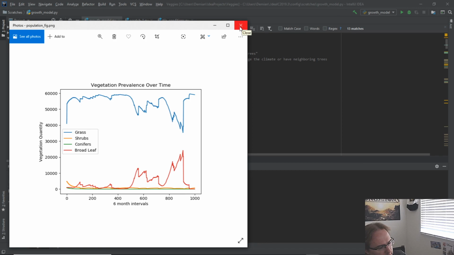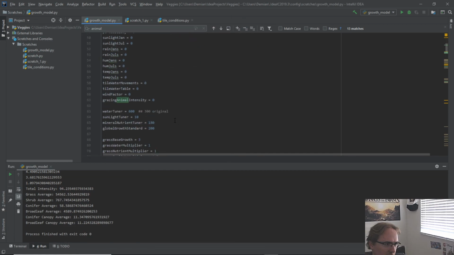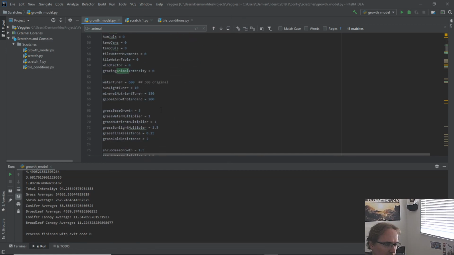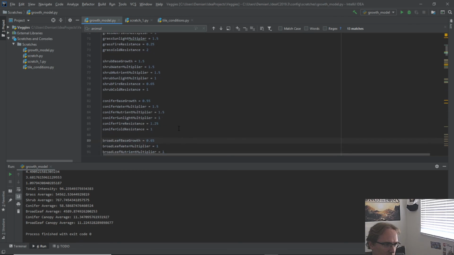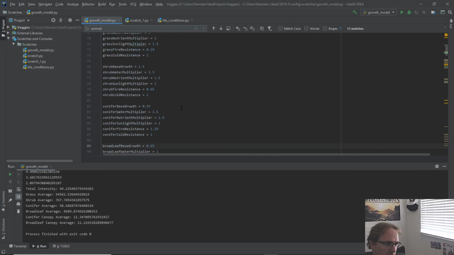I feel like what we need to do is run this model for longer to get a longer term perspective. So yeah, let's do that.